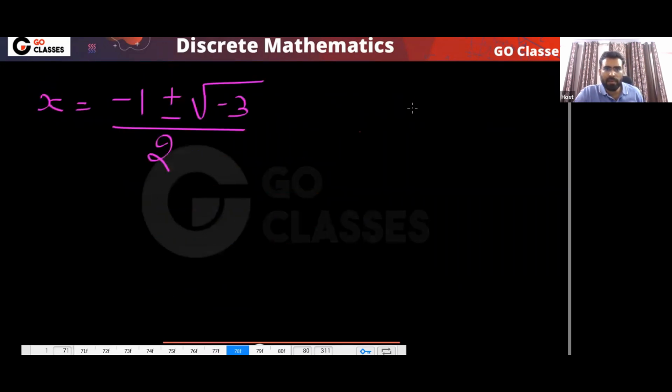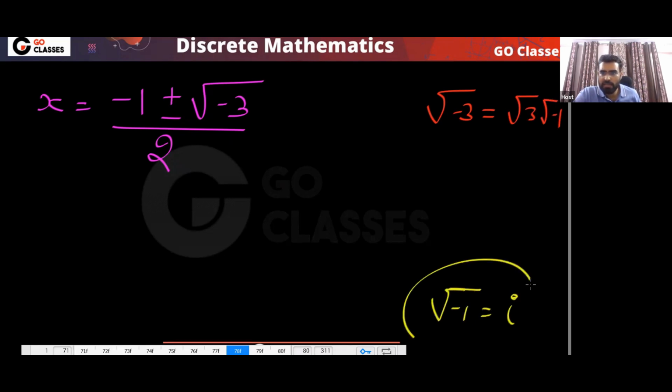Here, remember this I can write as like this, and this is written as iota. This I means iota. Basically this I can write as under root 3 iota.